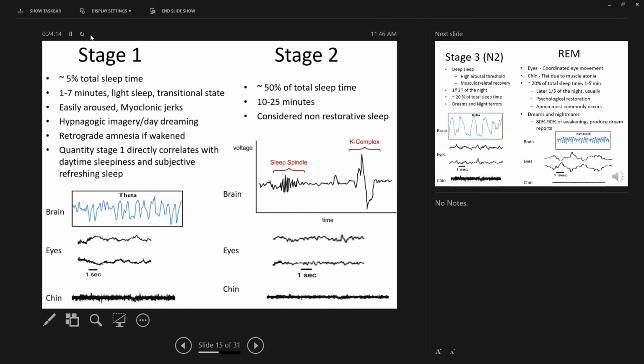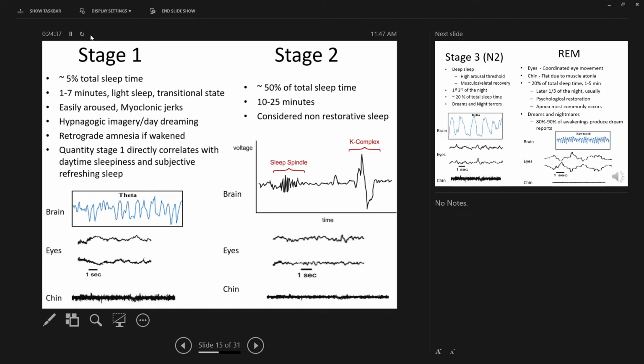Now the brain waves that are present during stage 1 sleep are what we call theta waves, and we'll talk more about that another time, but that gives you an idea of what they look like there. When we look at the eyes, we've got an EOG on the eyes, where we're looking at the electrical activity of the eyes.